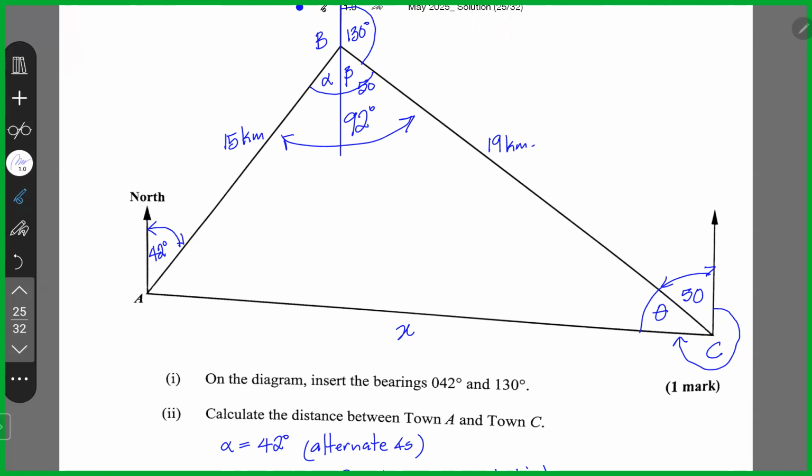Now to find theta, I'm going to have to use the sine rule, because after I use the cosine rule on a triangle, the next rule I'm going to use is the sine rule.